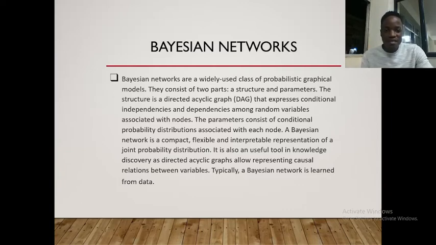The parameters consist of conditional probability distributions associated with each node. So this network is a compact, flexible, interpretable representation of a joint probability distribution. It's also useful in knowledge discovery, as directed acyclic graphs allow representing causal relations between variables.